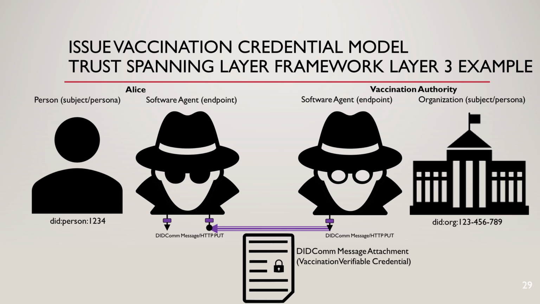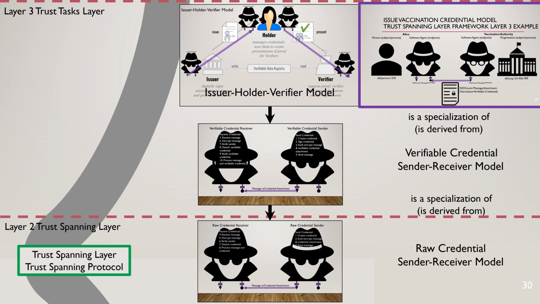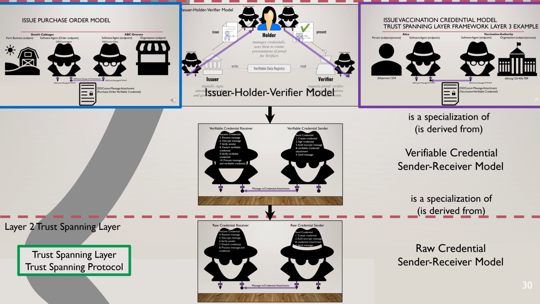So let's go back to the hierarchical taxonomy of credential sender receivers. The issue purchase order model is really quite synonymous with sending a verifiable credential. It's a specialization again, so that's what the blue arrow represents. It's a specialization of the verifiable credential sender receiver model in the same way that the issuer holder verifier model in the center is a twice-over specialization of the verifiable credential sender receiver model.